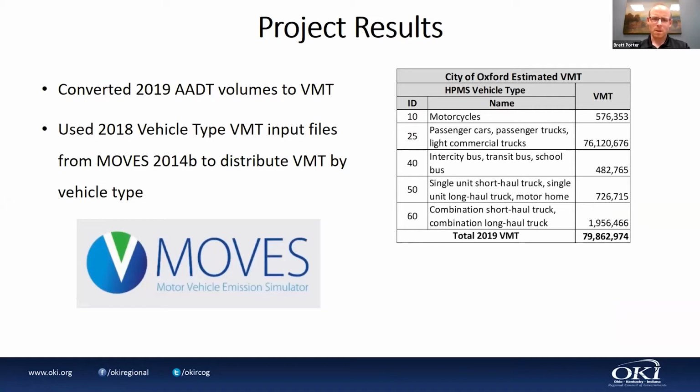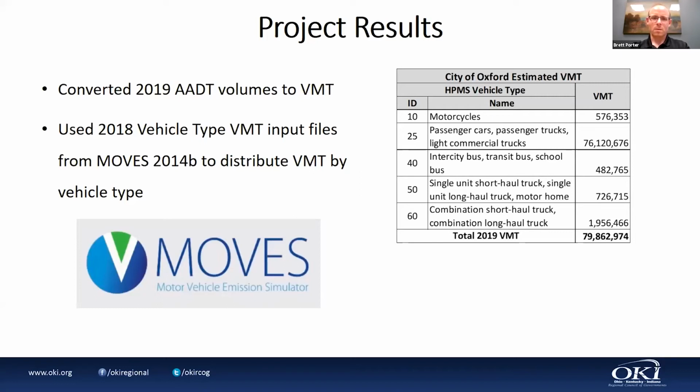I don't know how many of you are familiar with the MOVES model. It's the Motor Vehicle Emissions Simulator, and it was developed by FHWA and the government, so it's free to all organizations. There are a lot of different input files that you put in there, and then you generate different outputs.